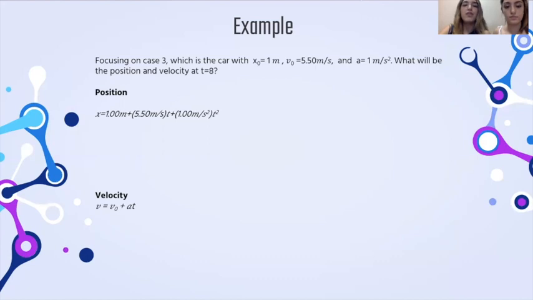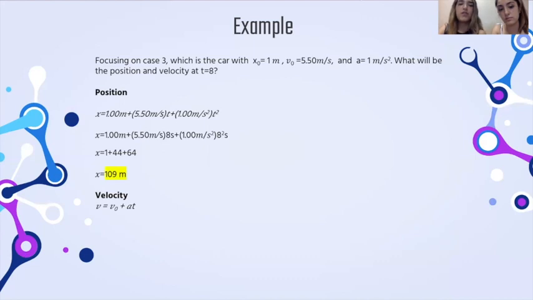Here we have it represented in the equation. So here we substitute the t of time for the 8 seconds. We make the equation. It will be 1 plus 44 plus 64. That will give us a position of 109 meters.